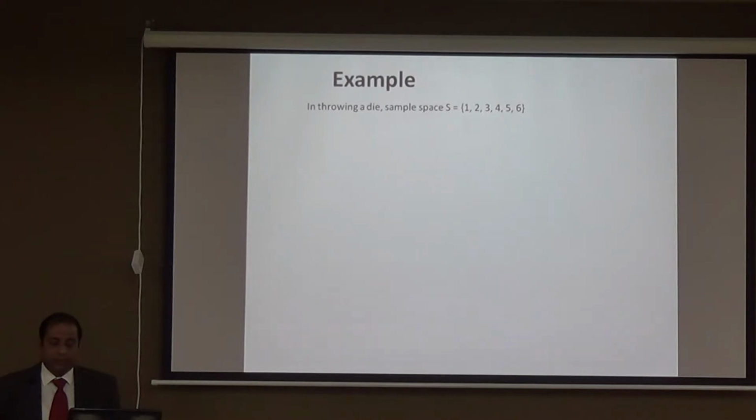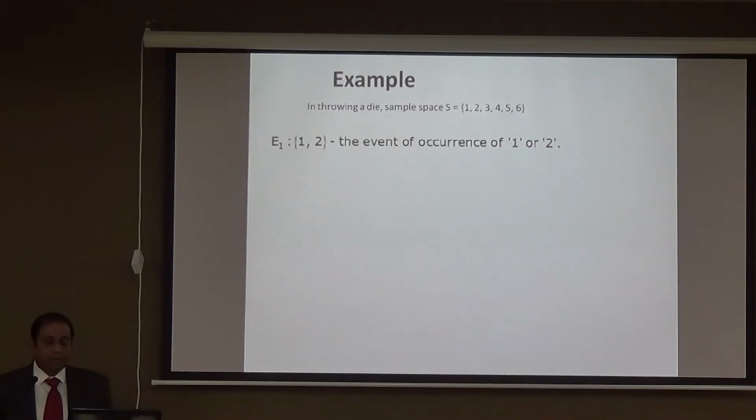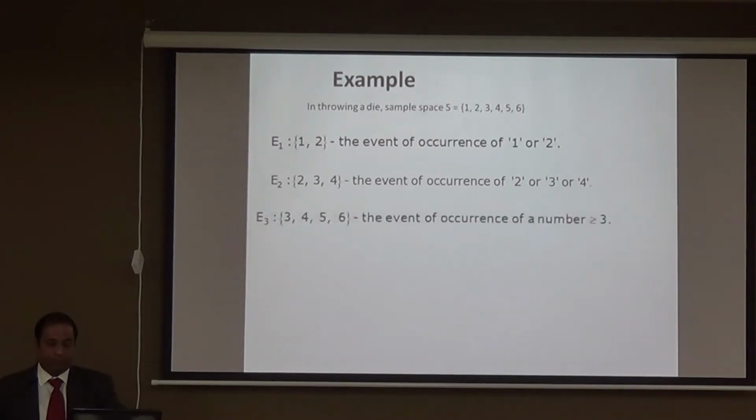In a throw of a die, the sample space S is equal to 1, 2, 3, 4, 5 and 6. We consider an event E1, that is the event of occurrence of 1 or 2. We take another event E2, that is the event of occurrence of 2 or 3 or 4. Another event E3, we consider the event of occurrence of a number greater than or equal to 3.